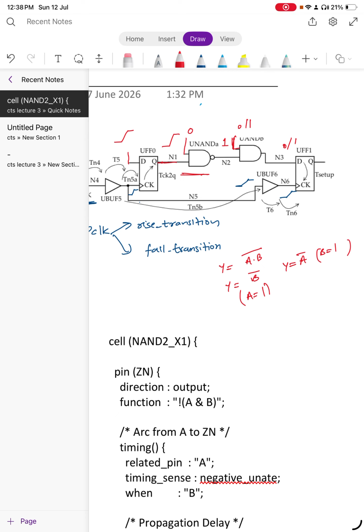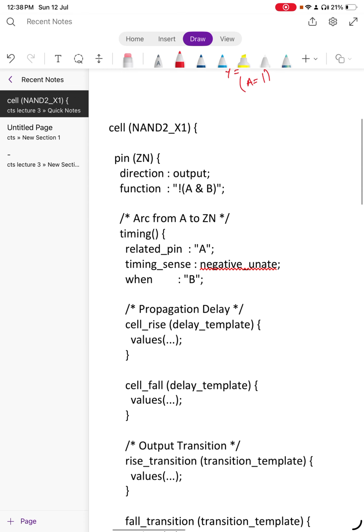So we can also see this information from the dot-lib. So here I have a snip of any generic NAND gate. Okay. So it is having two input pins A, B, and Zn. This is a NAND gate.